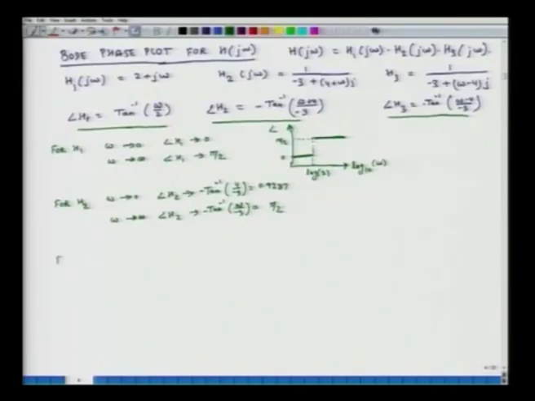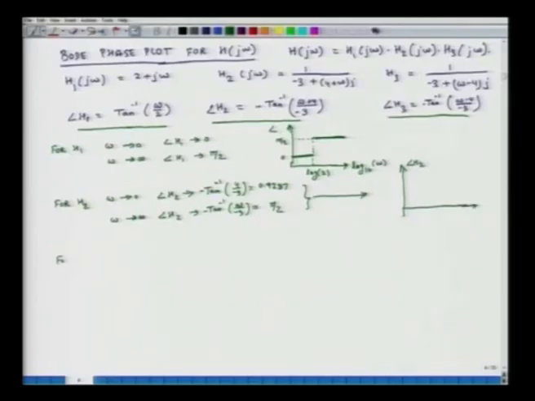So, the Bode plot, the phase plot for this H2, will look something like this. Again, I am having phase of H2 being plotted here on the y axis.